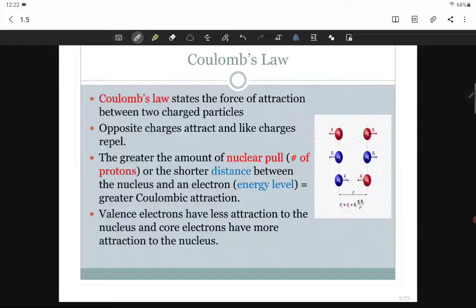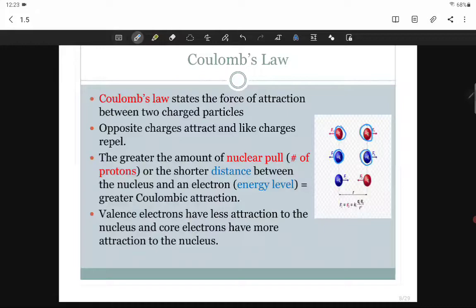This attraction of the nucleus and the electrons is governed by Coulomb's law. And if you look at this one here, this is a negative and a negative. Those two forces are going to repel each other. I think that's pretty obvious with magnets. And the same thing would occur if you have positives and positives.